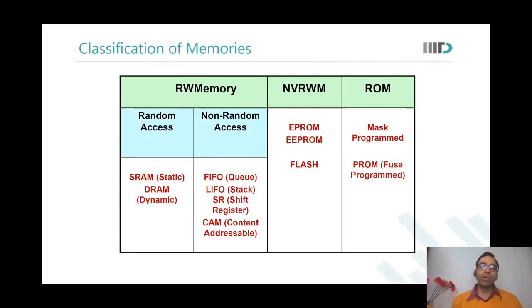CAMs are therefore used in very close association with processors. They're also called tightly coupled memories at times, almost a part of the processor. Very commonly used for lookup tables. They're also used in routers, for example communication domain routers, where you know, okay, my destination is America.